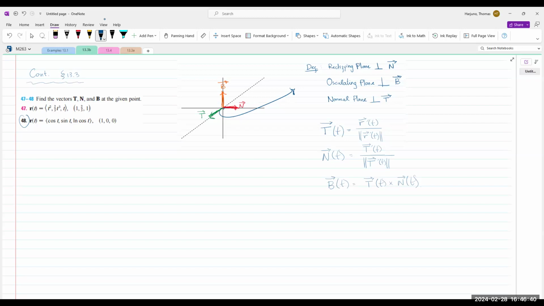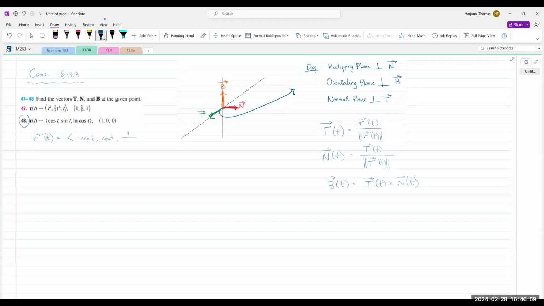In number 48, we have r(t) equal to that. So what is r prime t? r prime t will be negative sine t, cosine t. What is the derivative of natural log of cosine t?